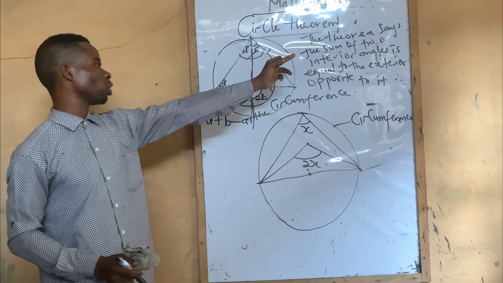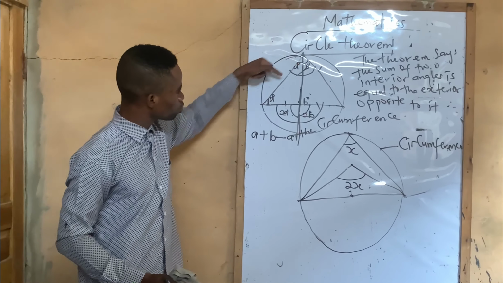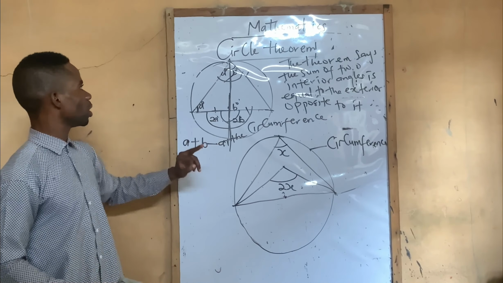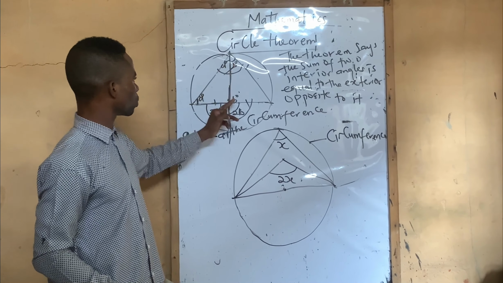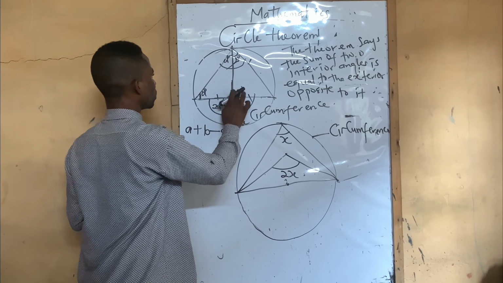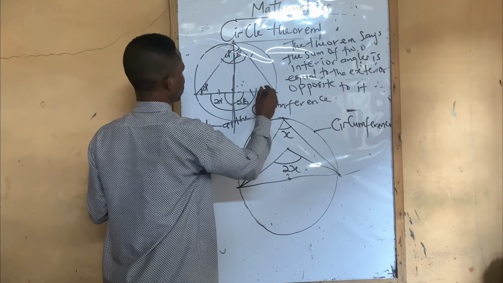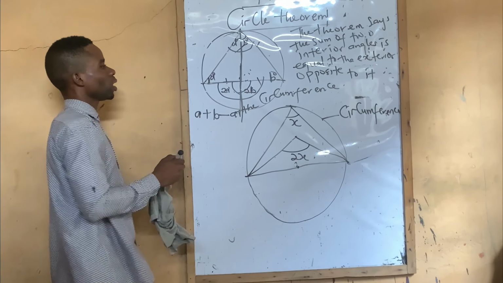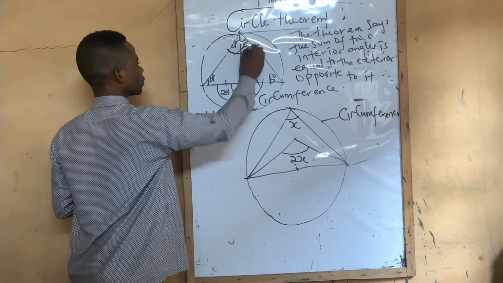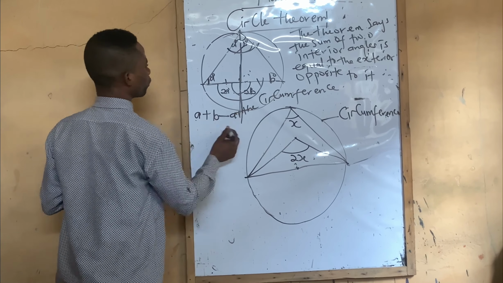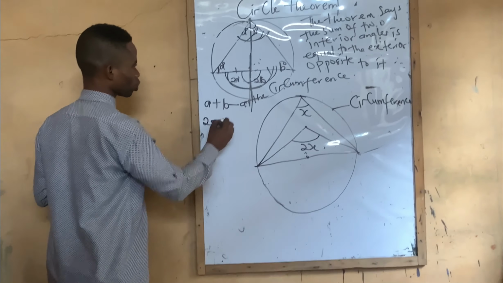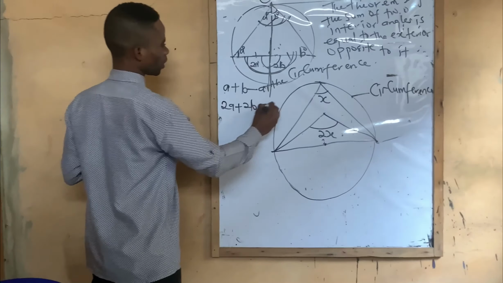According to the theorem, the sum of these two interior angles will be equal to this. That's why A plus A will be 2A. Now, the sum of these two interior angles here, B plus B, will be equal to 2B. Now, I add these two here. That's A plus B at the circumference. Let me add this one also. That is 2A plus 2B, let's say at the center.